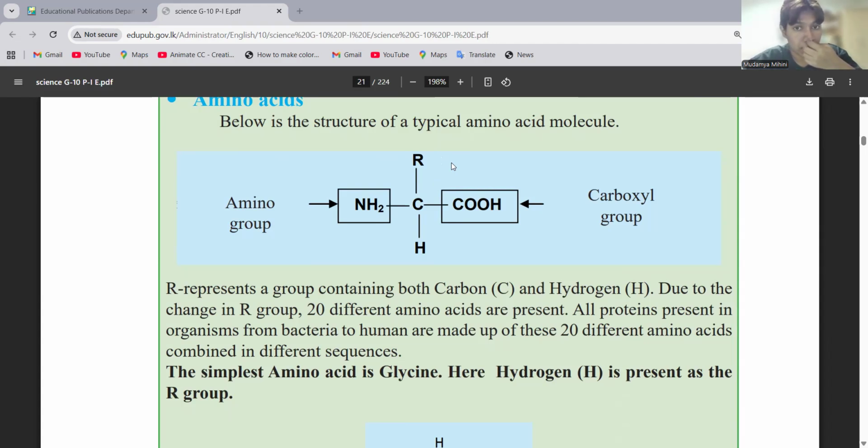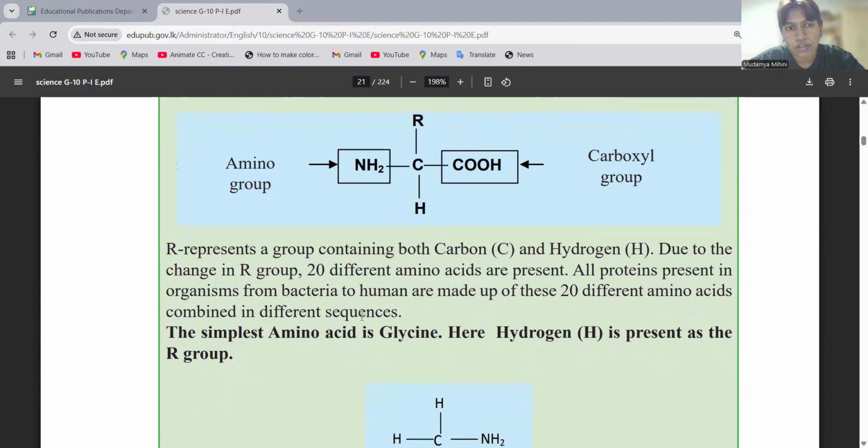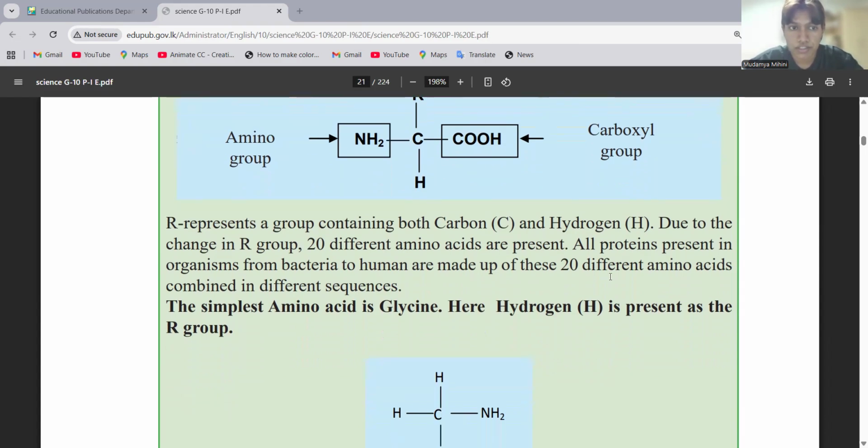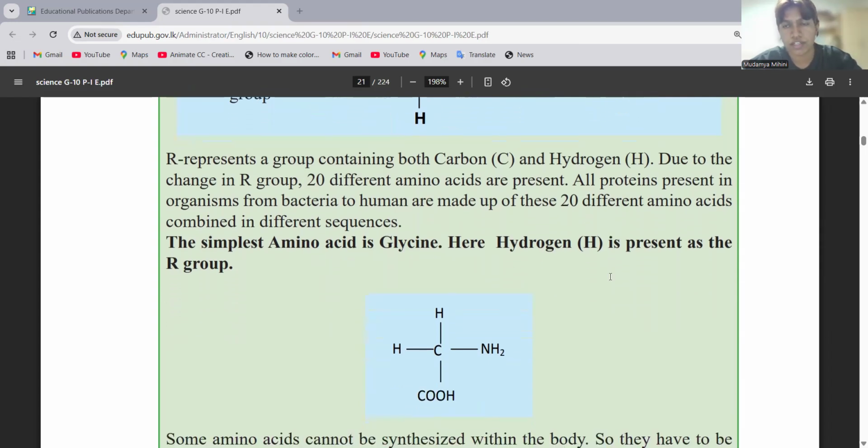There might be differences in R. You can see 20 different amino acids are present due to the change in the R group. But this group contains carbon and hydrogen. All proteins present in organisms, from bacteria to humans, are made of these 20 different amino acids combined in different sequences. So there is a difference when you're combining the amino acids, and they make various patterns.